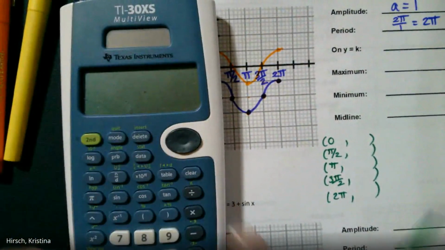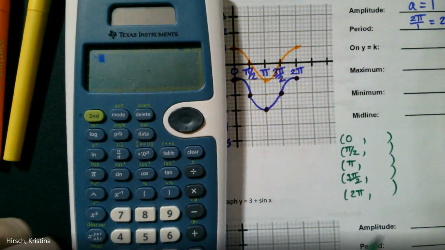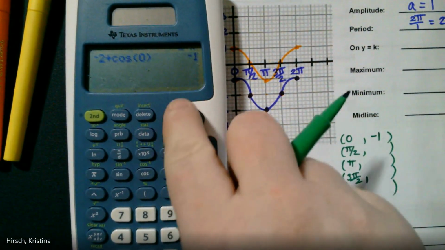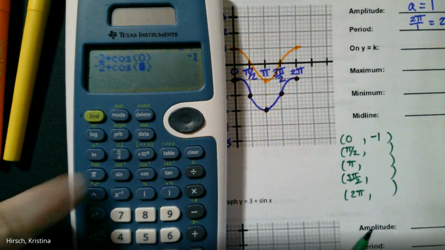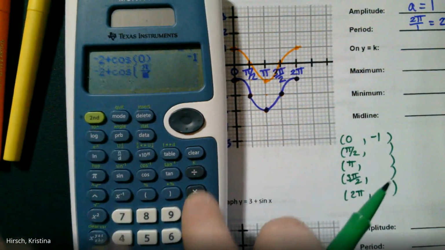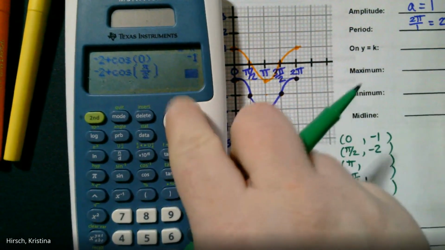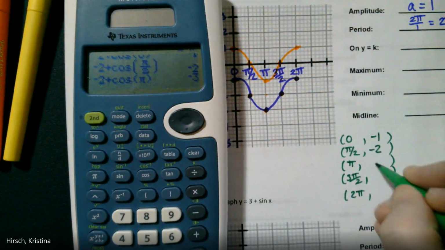I'm going to do that pretty quickly, just so that you can see it. I would have had -2 plus cosine of 0, and I got -1. -2 plus cosine of pi over 2, and I got -2. Do it again with pi: -3.